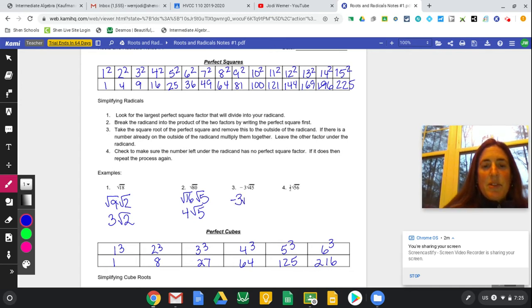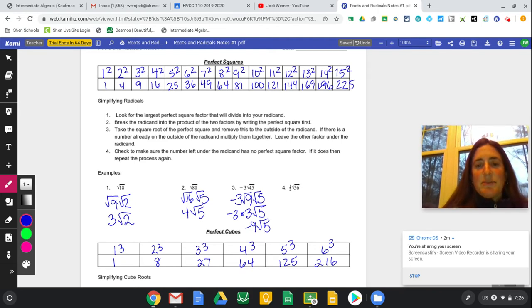So I'm going to go negative 3, radical 9, radical 5. 9 times 5 is 45. Now, the radical 9 is a 3, and the negative 3 that's on the outside is going to multiply. Multiply, not add, folks, by that 3 that just came out. So now this becomes negative 9 radical 5 for my answer.